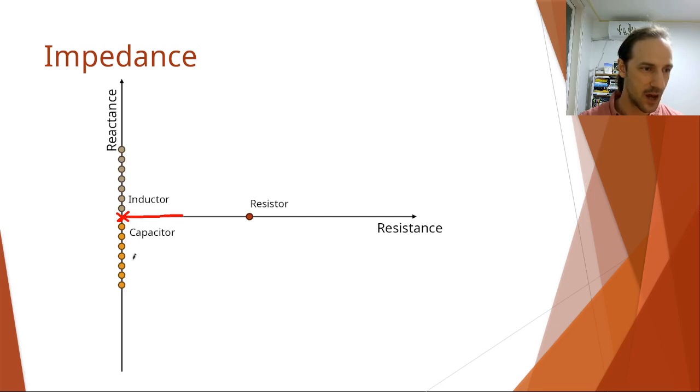The capacitor case is always down 90 degrees, and as we could see, it also depends on the frequency. Resistance is the real part of the complex number, and the imaginary part is the reactance. The capacitive reactance is negative and the inductive reactance is positive.